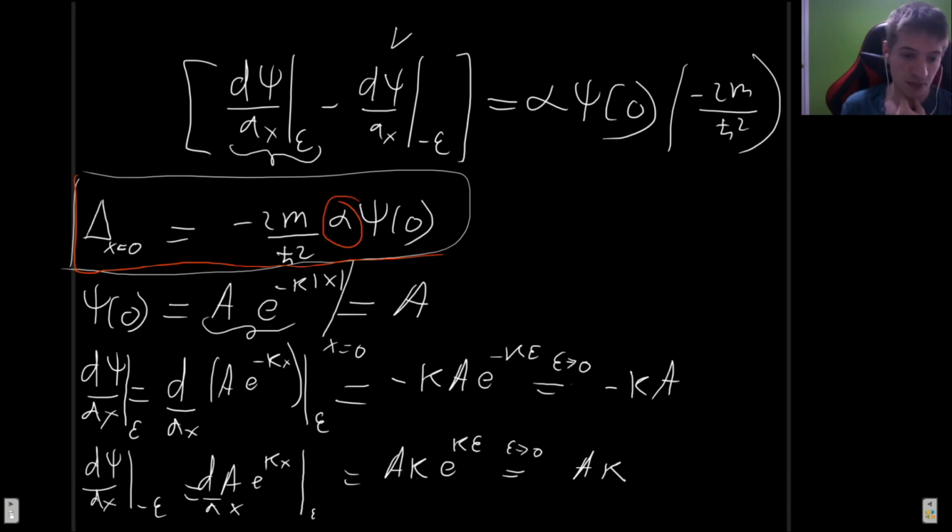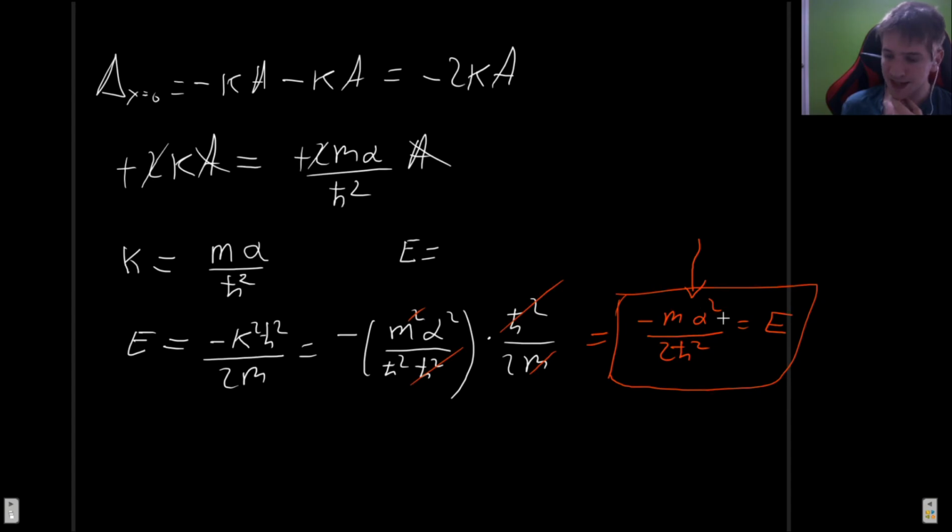I think it's very cool to go back and take a look at that. If this alpha were 0, once again, there is no delta potential, then there is no bound state. This would just be a free particle where there are no bound states, only scattering states. That is why we just wouldn't have a solution in this particular case.